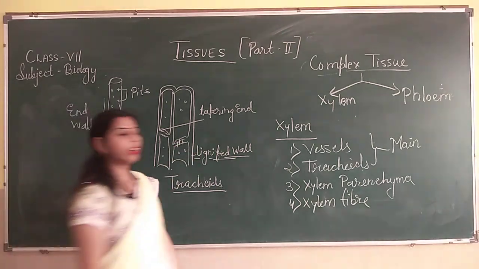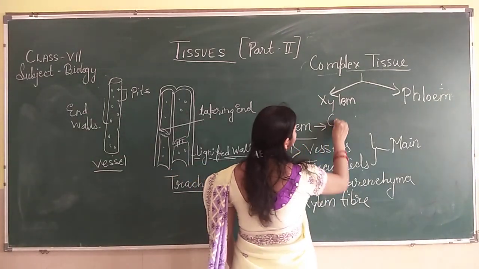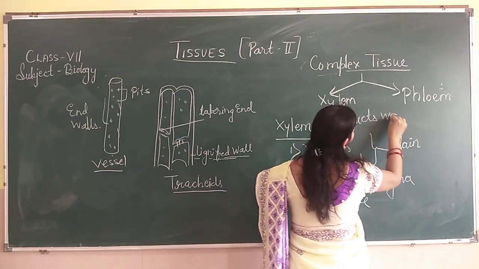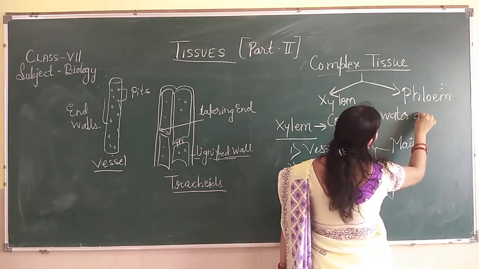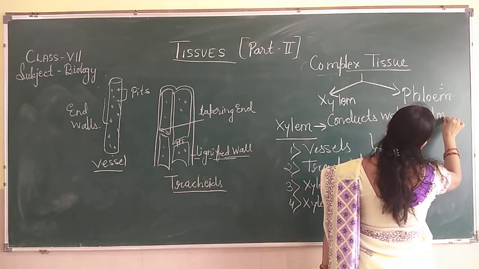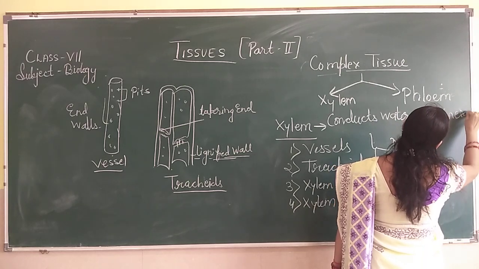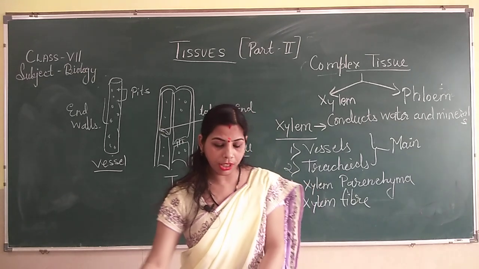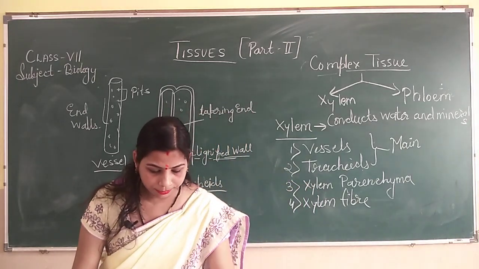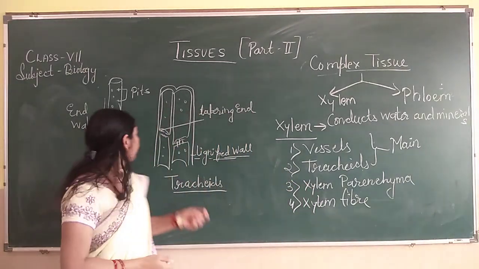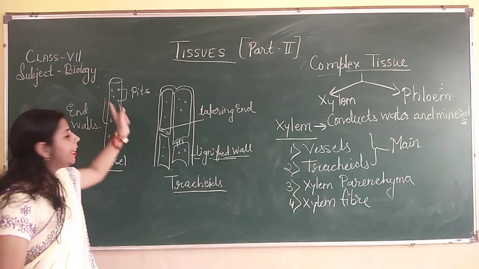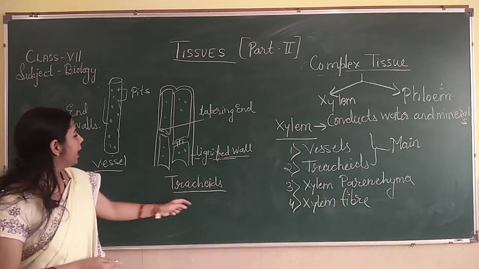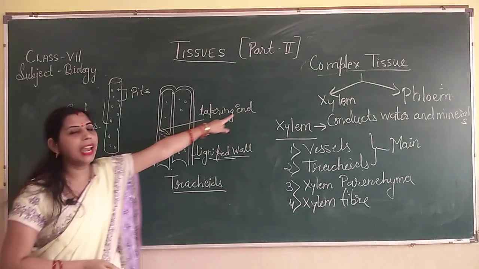I already told you what the function of xylem is. It conducts water and minerals. The pits are present all over the walls of the vessels, and the tracheids have a tapering end.